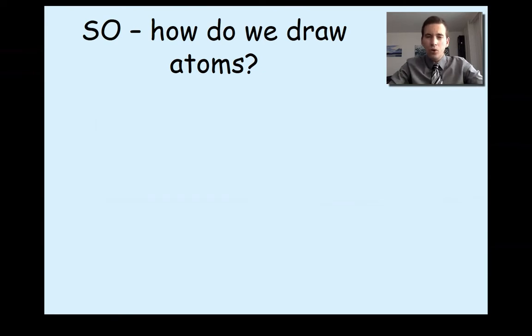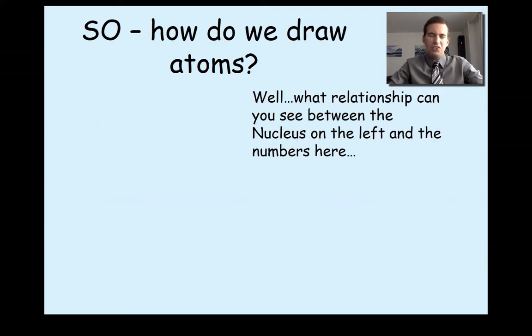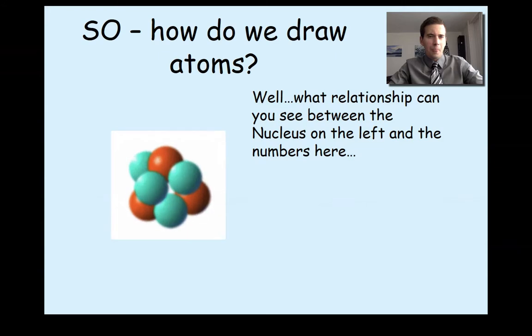So how do we know how many protons, neutrons, and electrons an atom has? Well, let's see if you can remember. Now, I've drawn a nucleus here containing protons and neutrons. Can you see a relationship between these two numbers and the diagram? Just have a little pause and think about it.